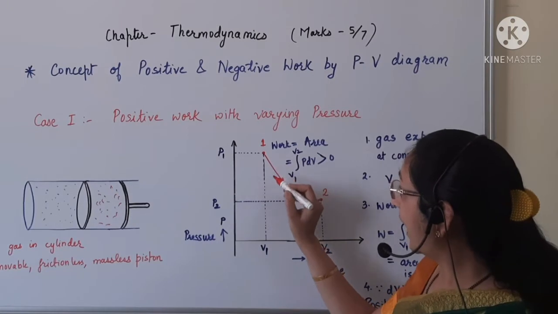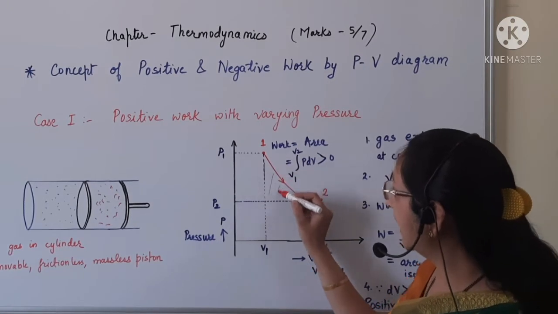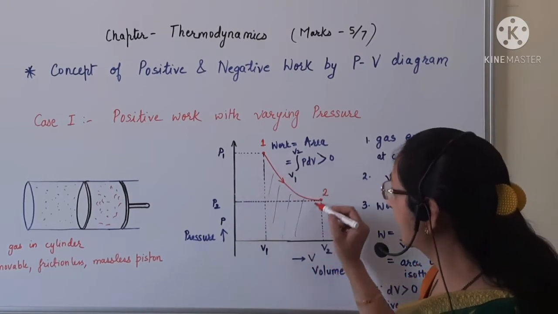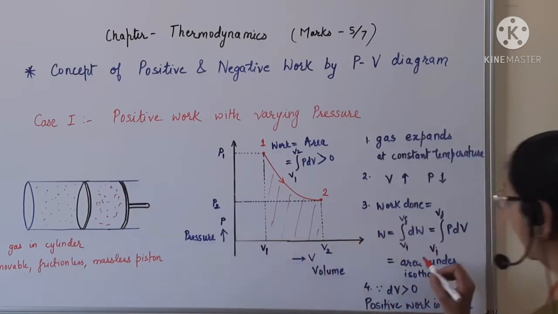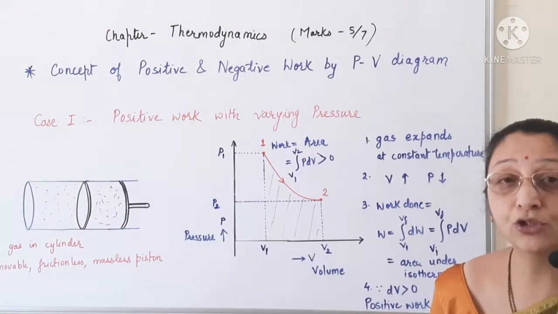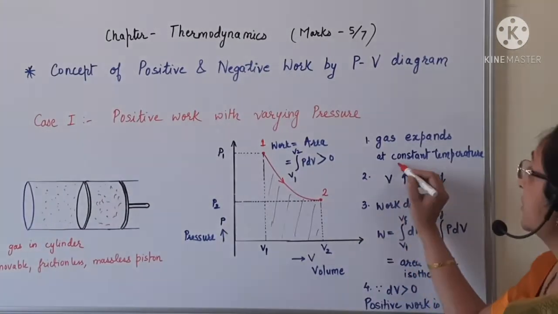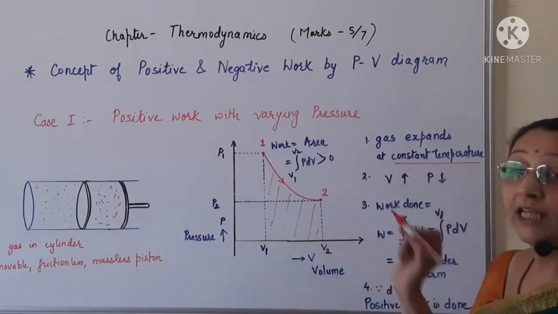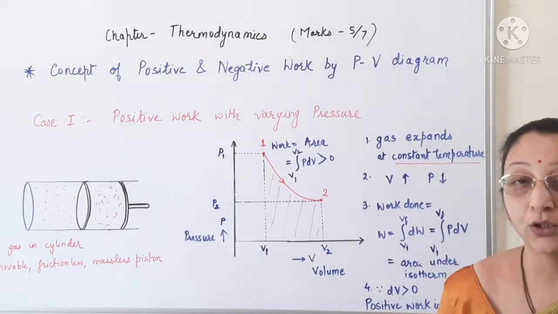So, the area under this curve, the area under the isotherm. Because why should we say it an isotherm? Because the temperature is constant when the system changes from 1 to 2.